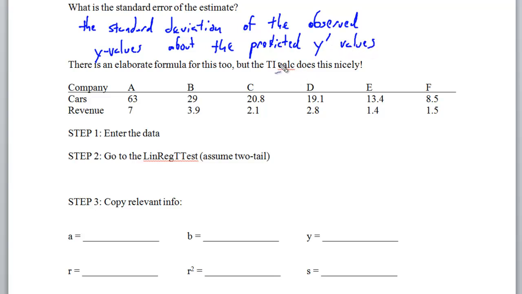So what this does is it gets the standard deviation around that line of best fit that you found.